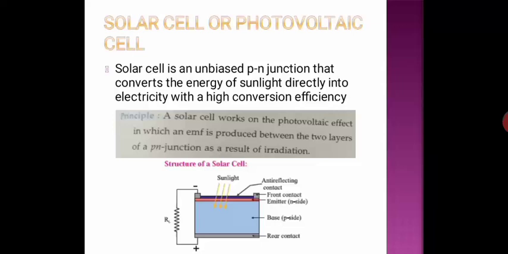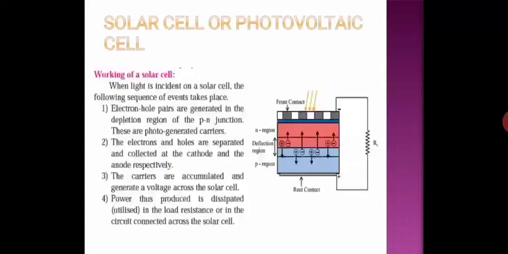Structure of solar cell is as shown in figure. The working of solar cell is like this. When light is incident on a solar cell, the following sequence of events takes place. First, electron hole pairs are generated in the depletion region of the p-n junction. These are photo-generated carriers.